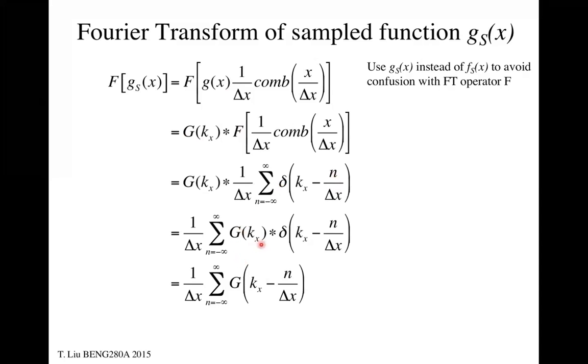And so we have the convolution of the continuous Fourier transform with delta x, and that sifts out the values of the continuous Fourier transform so that at each point kx in our Fourier transform of the sampled version of gs of x, we get the value at that point of the pure continuous transform plus the values of that transform separated at units of 1 over delta x.